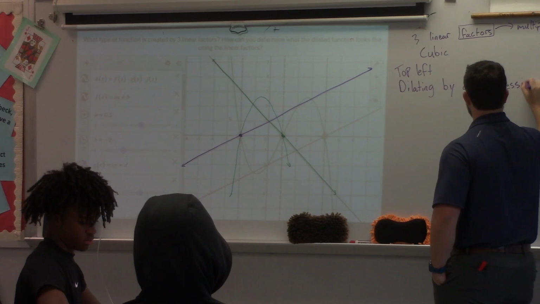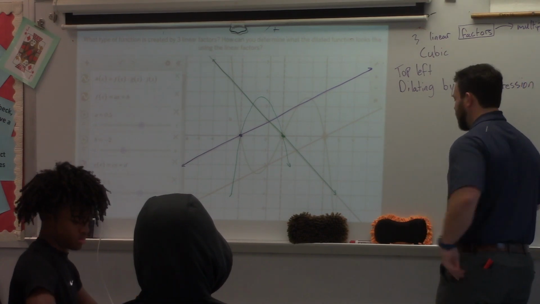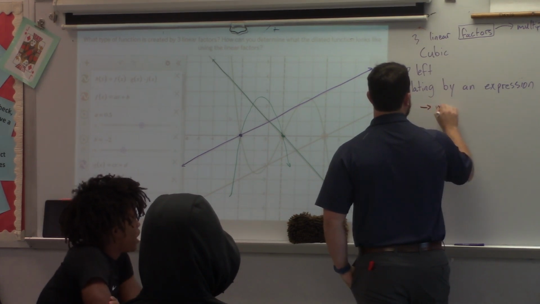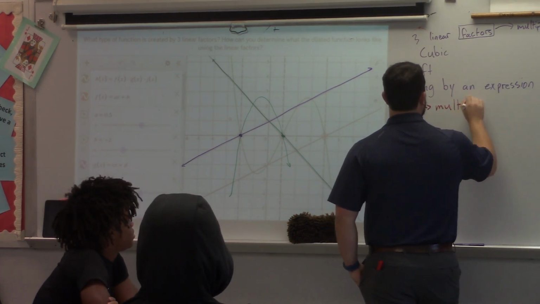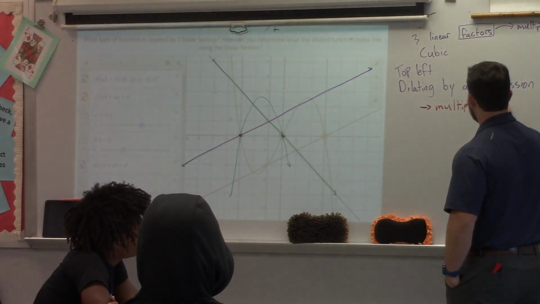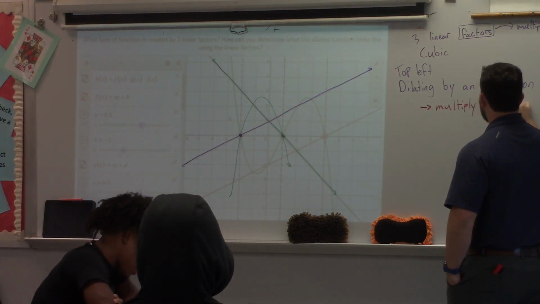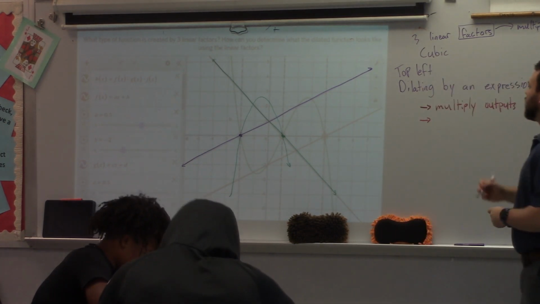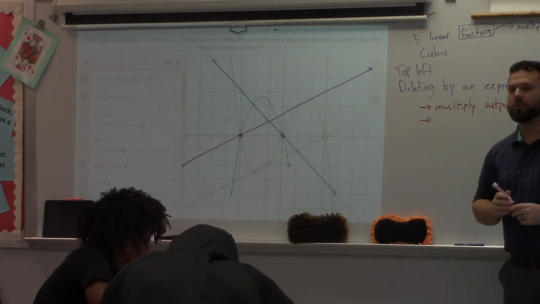First things first, we want to recognize algebraically that means we multiply. Okay, so we multiply the outputs. But more importantly, what I want to make sure we understand clearly is when we dilate by an expression, what is it doing? It's transforming the function how?